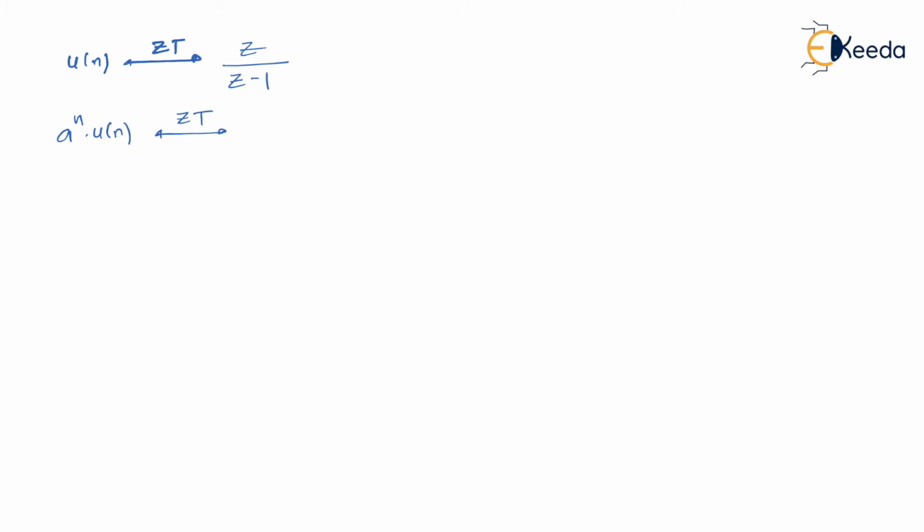So what is going to happen? It becomes this way. It is z by a minus 1. So let me remind you what the property was. If we have signal x of n and its z transform as x of z, then a to the power n times x of n, its z transform is simply x of z by a.